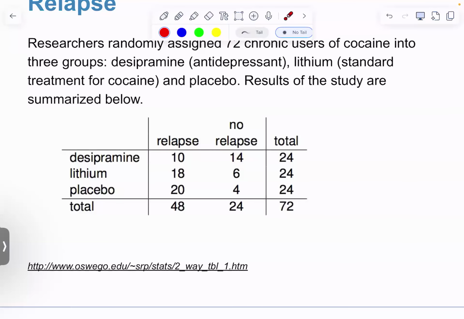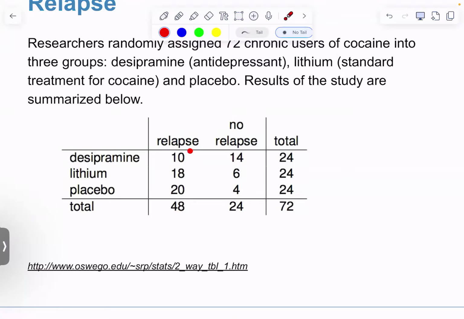So what we're mapping is whether they relapse or don't relapse. We had 24 in the antidepressant group, 24 in the lithium group, and 24 in the placebo group. In experiments like this, it's pretty common that we assign evenly into the groups. It's not necessary, and we can have uneven groups, but in experiments we tend to force it if we can.